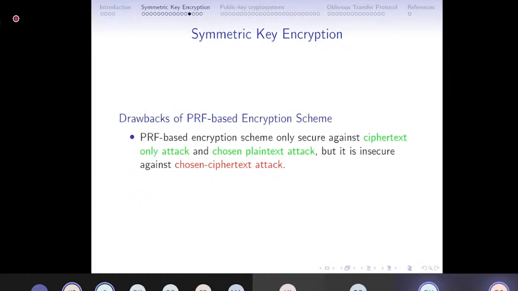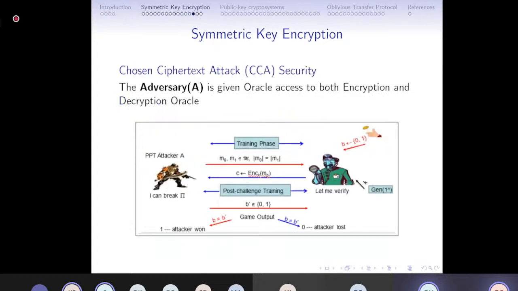So again, the main drawback of the pseudo random function based encryption scheme is that it provides security in the presence of a chosen plaintext attack, but it is insecure against the chosen ciphertext attack. Again, the question comes: what is a chosen ciphertext attack? In the CPA attack, we give only an encryption oracle to the adversary.